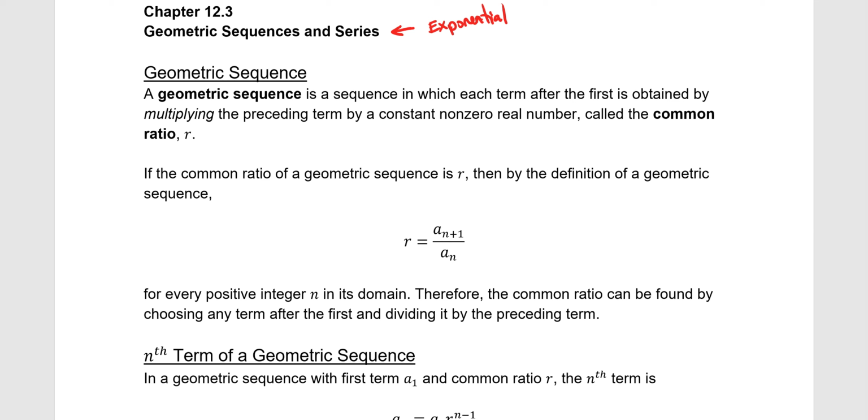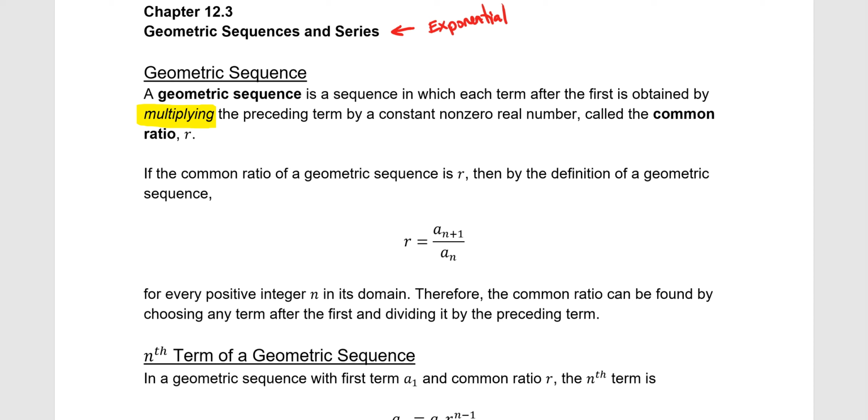So let's start off with a geometric sequence. A geometric sequence is a sequence in which each term after the first is obtained by multiplying the preceding term by a constant non-zero real number, and this is called a common ratio r. In an arithmetic sequence, we added a number called the common difference.